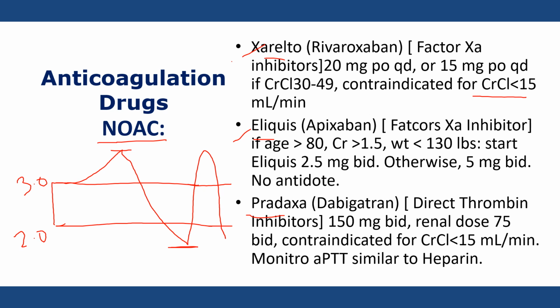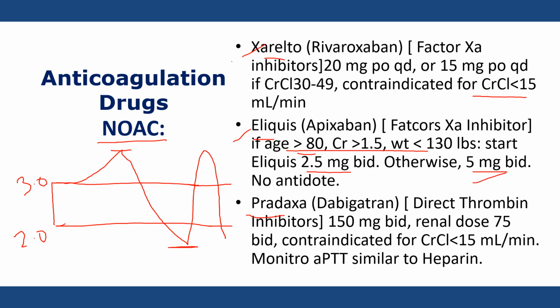Usually the normal dosage is 5 milligrams two times a day, unless you have a client who's older, a patient age greater than 80, or creatinine is more than 1.5 and their weight is less than 130 pounds. Then we start with 2.5 milligrams 2 times a day.